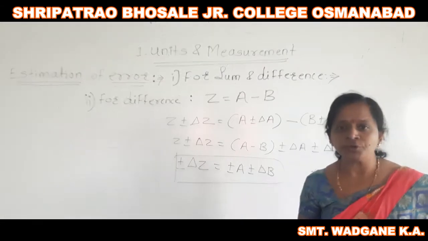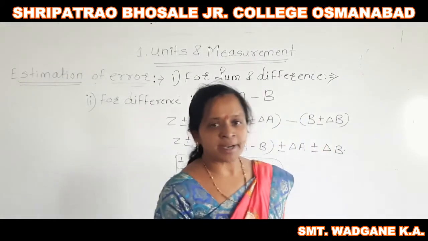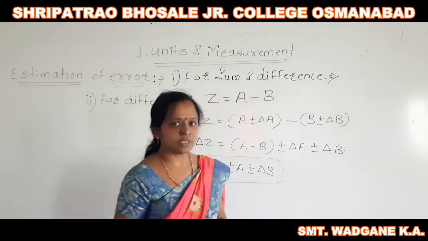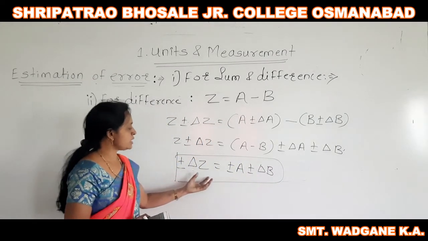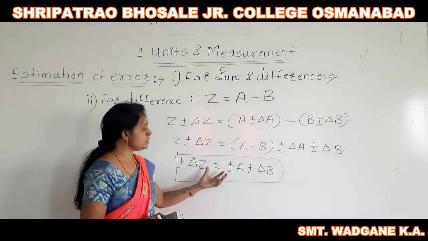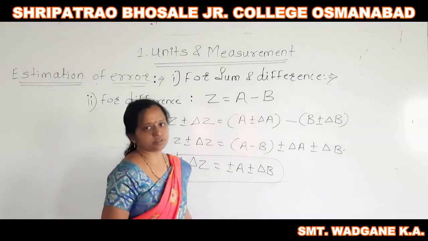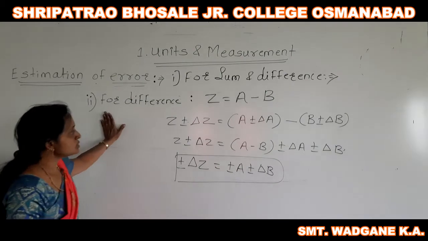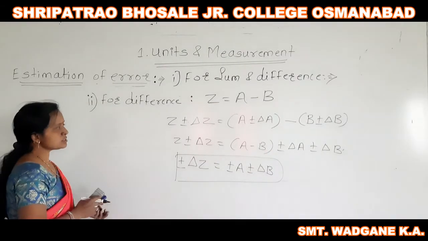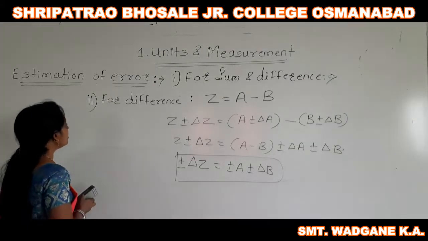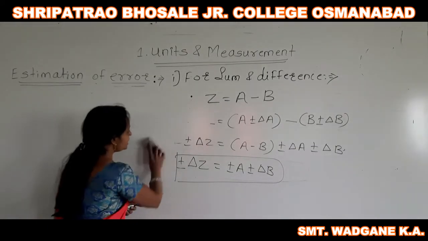When two physical quantities are added or subtracted, the final result is the absolute error in each individual quantity. This is about the sum and difference method. After that we can discuss product and division.